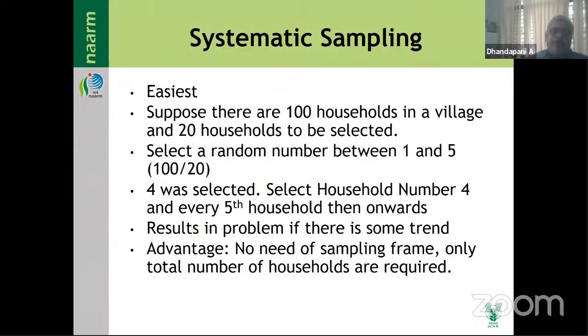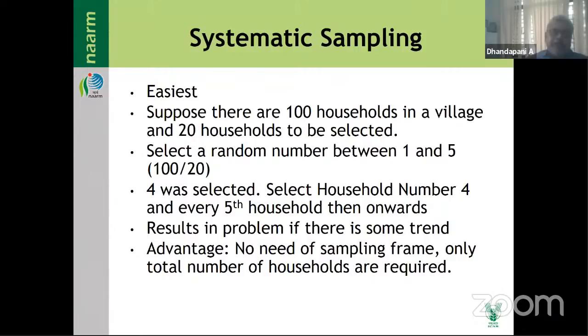First you divide the total number of households by the sample size you require, so 100 by 20, which is 5. Instead of selecting 20 random numbers as in simple random sampling, here you select only one random number between 1 and 5.